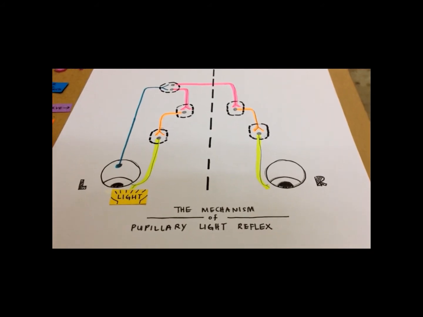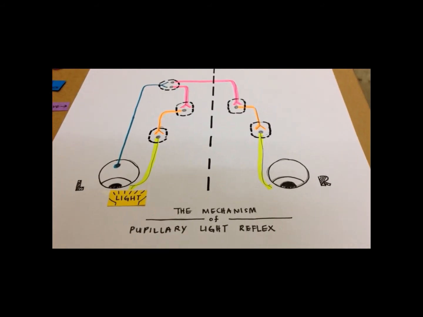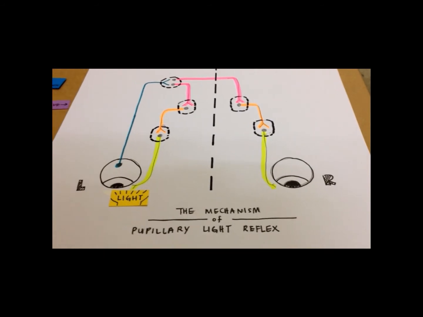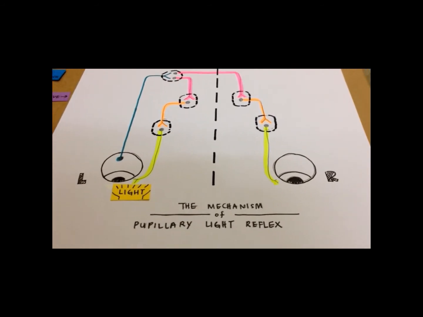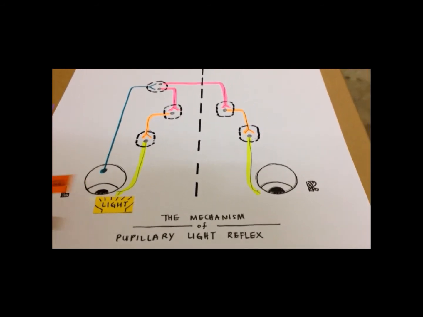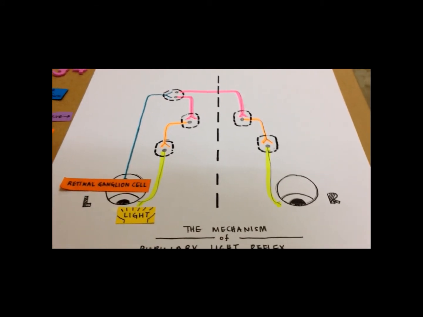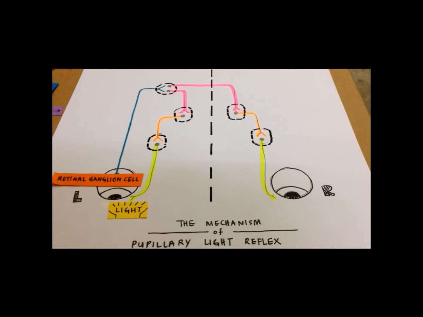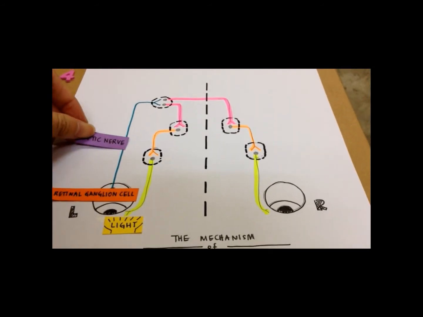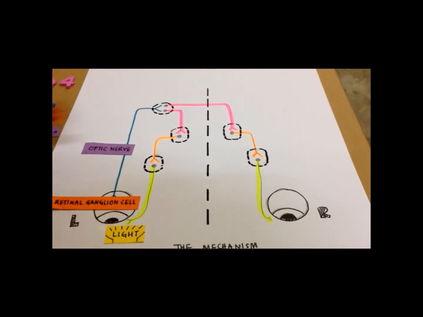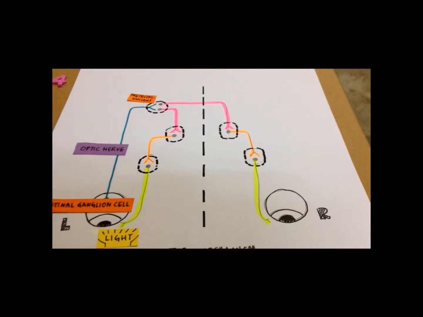The diagram shown here is the view of our eyes from the top. When light is shone on our eyes, the photoreceptor cell will send a signal to the retinal ganglion cell, which will then convey the information down the optic nerve to the pretectal nucleus.